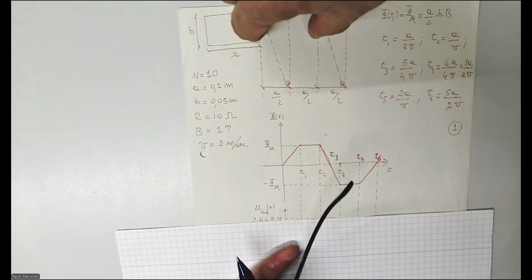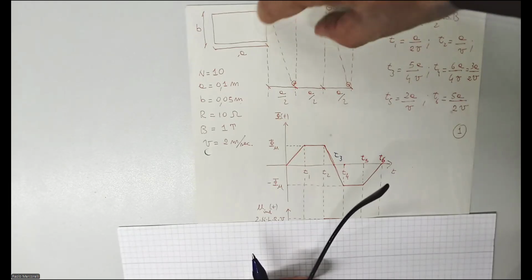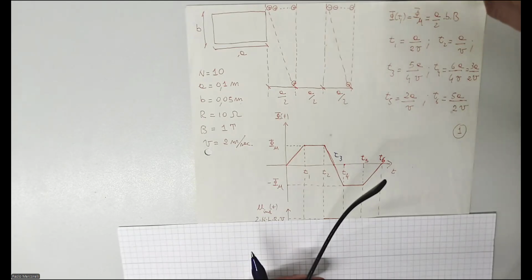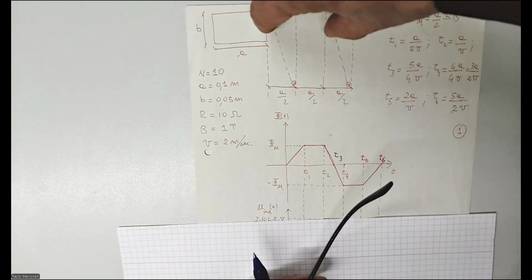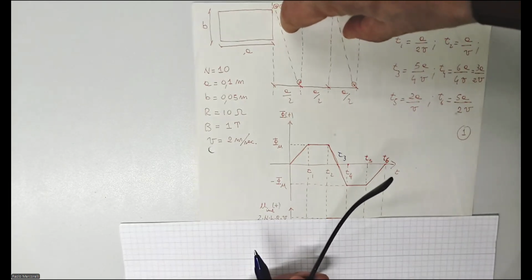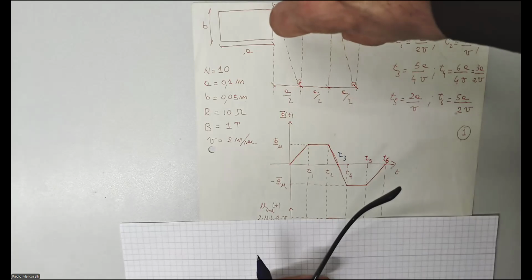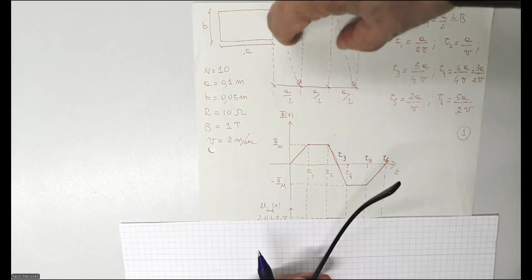Did you agree that this was the T2 situation, when the coil is with all conductors here? Excuse me, I made this. No, it's correct. Then moving ahead, I have to cover A divided by 4 of stroke, when the part of the coil that is positive equals the part that is negative, in this central position.